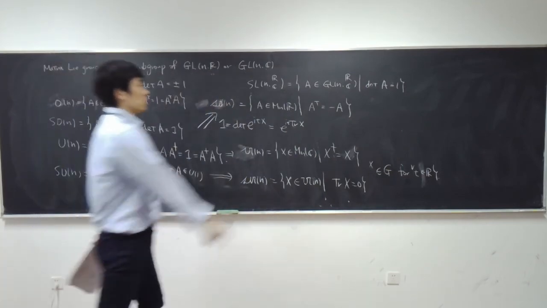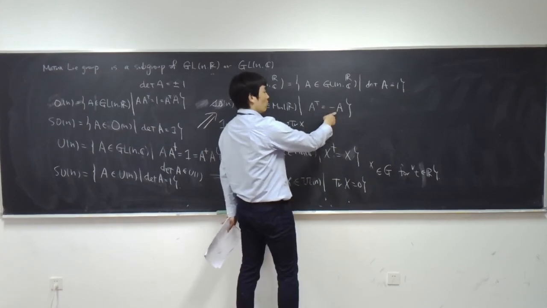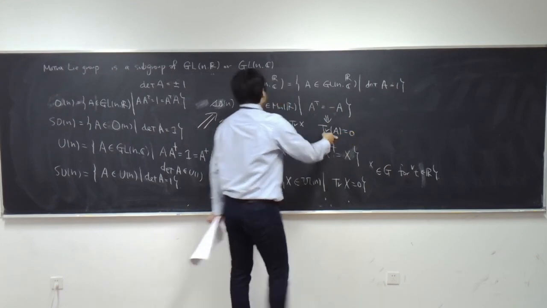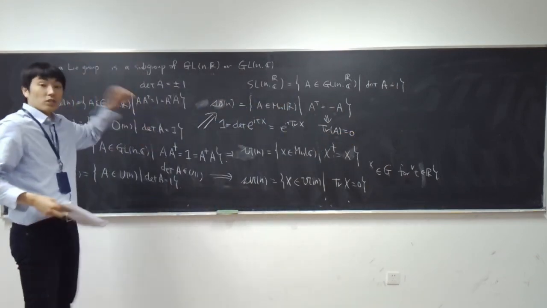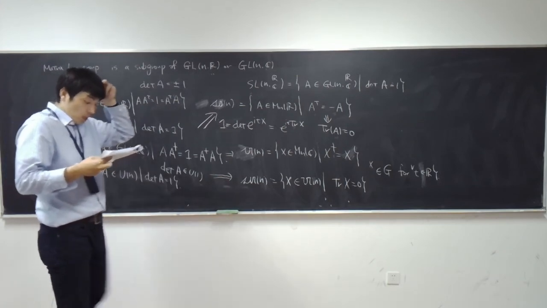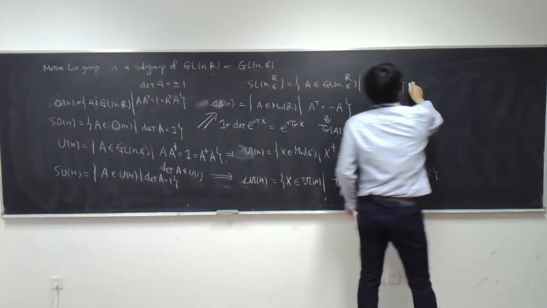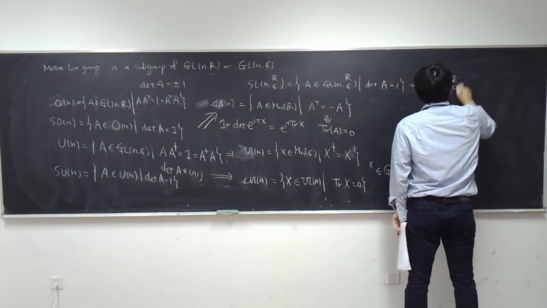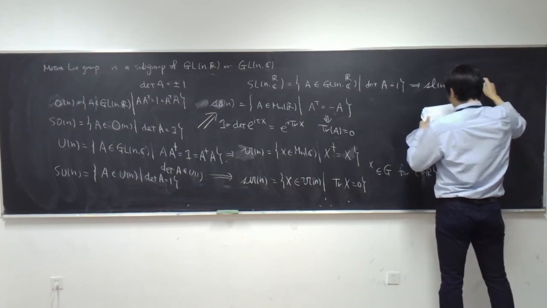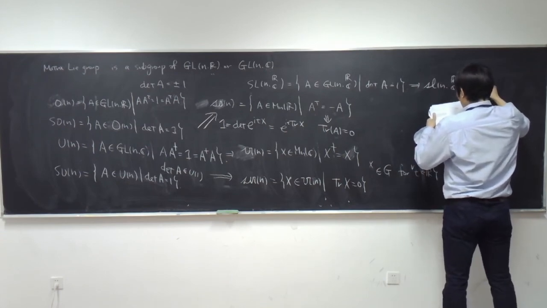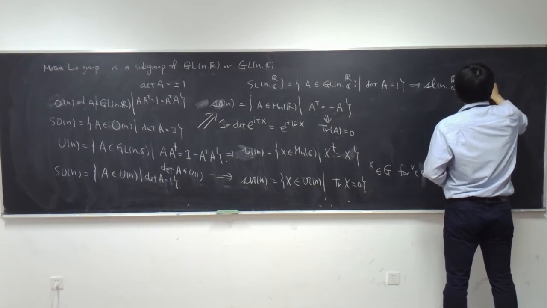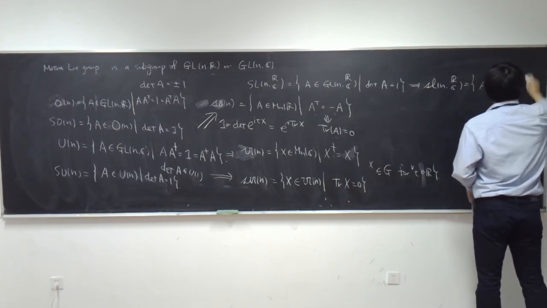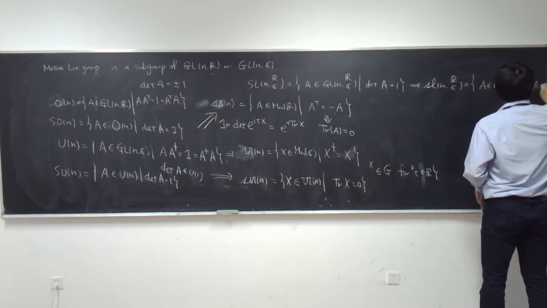And of course, for so(N) the trace automatically vanishes, so the determinant condition is automatically satisfied. For instance, here sl(N, R or C) is given by some matrix A in M_N(R or C) such that the trace of A is 0.